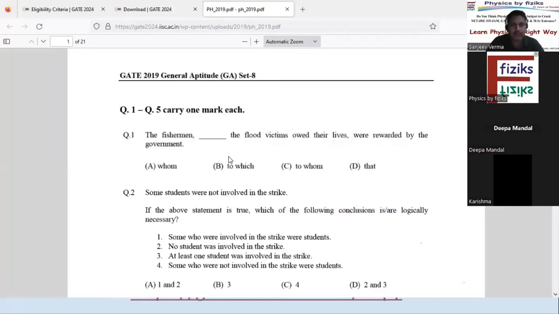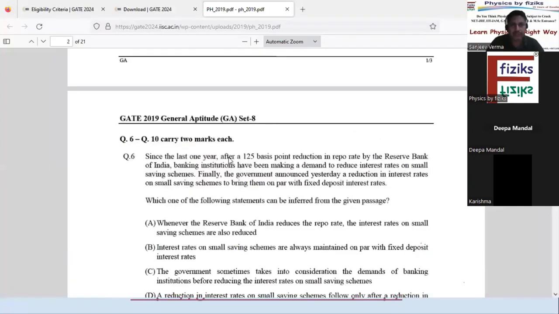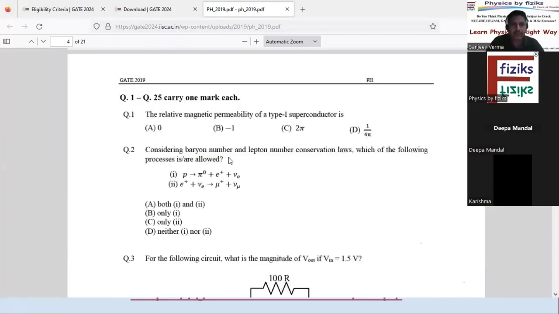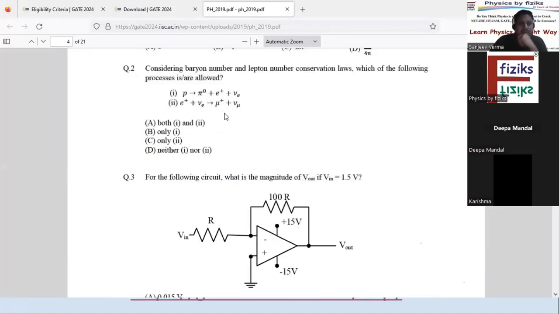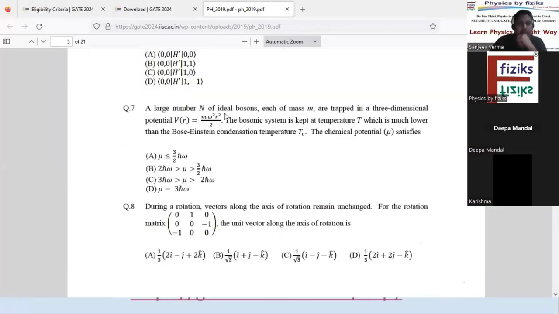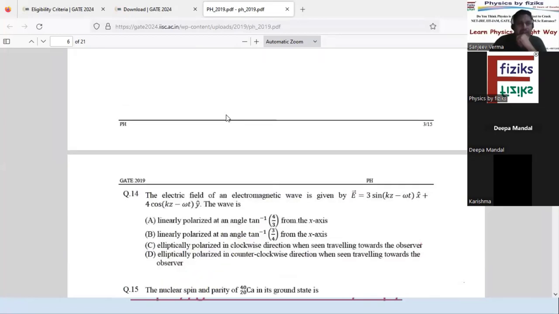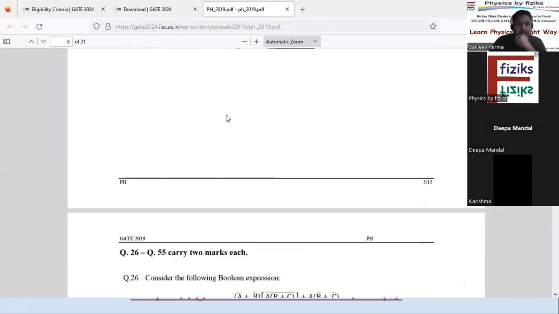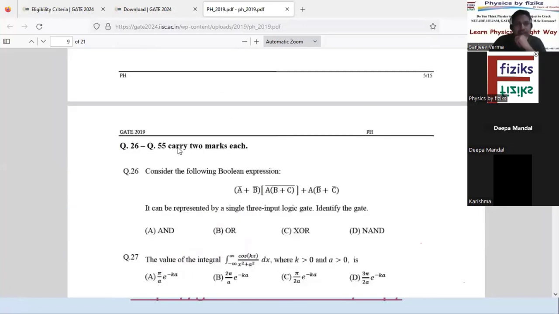Now you can check, 15 questions will be from general aptitude, and then 1 mark questions are 1 to 25. Out of 85, you can see their distribution is over here. Then from 26 to 55, 2 marks questions.